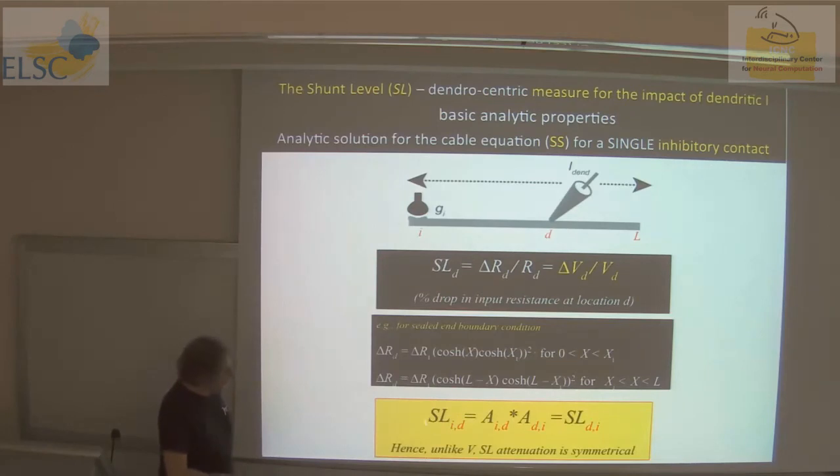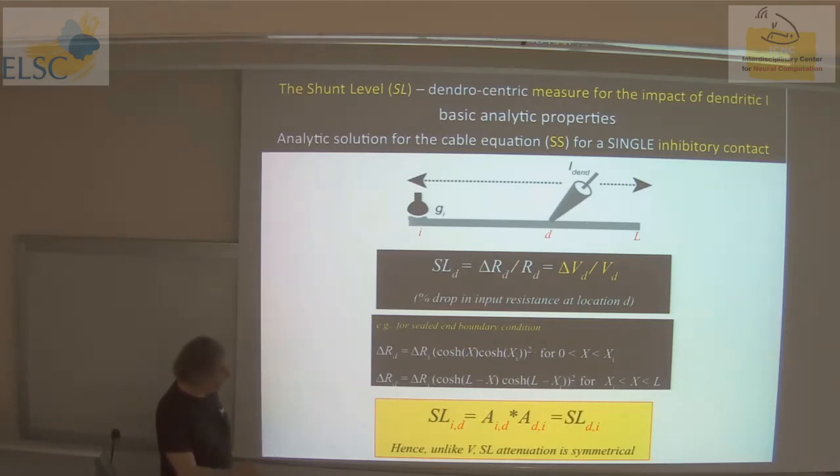Because of this proportion, you can show that the spread of the shunt level from its location to another recorded location goes like the multiplication of the voltage drop from here to here, multiplied by the voltage drop from here to here. That's what is written here.